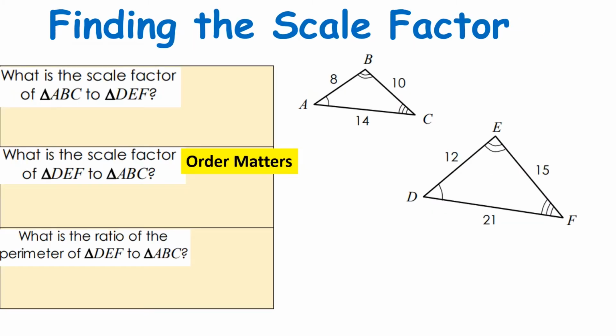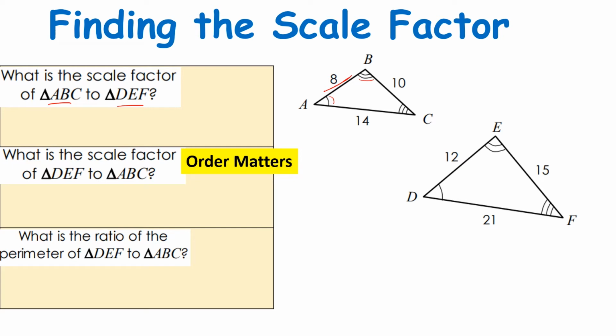Alright, so let's take a look at actually finding the scale factor. What exactly is the scale factor of these two triangles, triangle ABC and DEF? We can just take one pair of sides. We have AB right here with one arc, and we want to look for the side with one arc on the larger triangle.